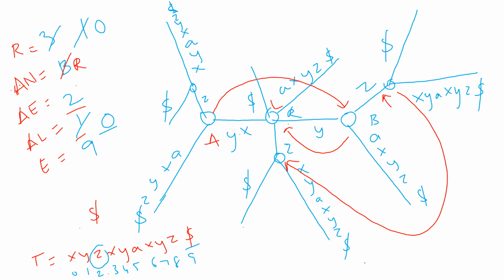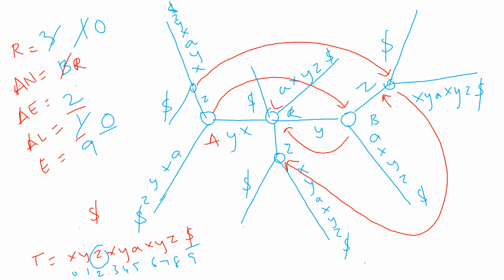So YZ dollar, and this internal node will be pointing to the new internal node created over here. Initially it was pointing to the root. When we jumped to here and then created this node, it jumped to the new internal node.